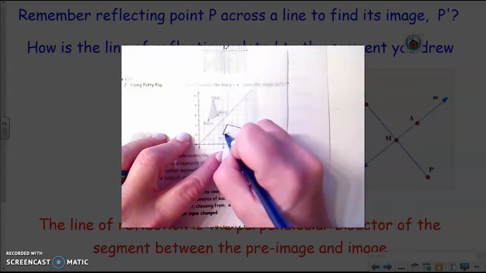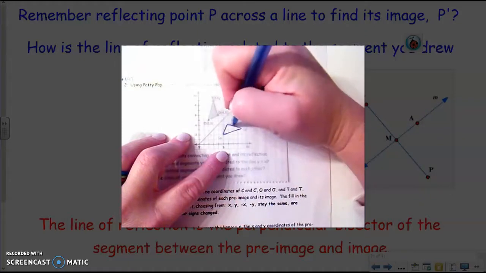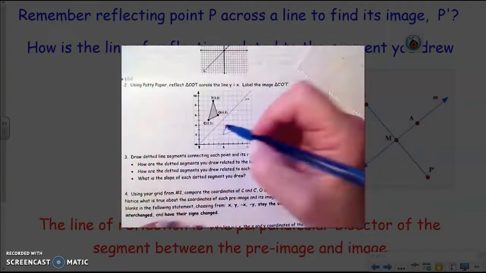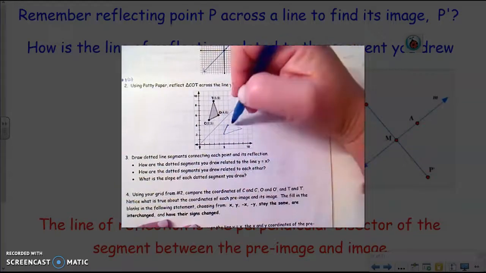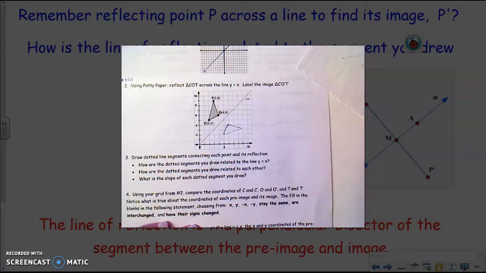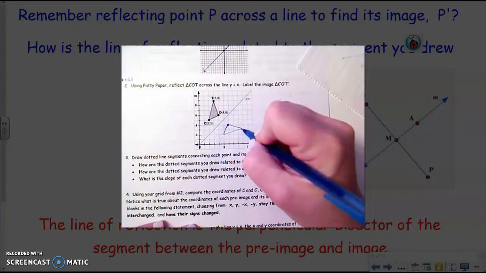Since you're using a pencil, yours definitely should show up. Okay, so when you lift up your paper, you should be able to see your triangle, as I can with my pen here, as the reflection. We're going to label those points, remember, with prime notation.